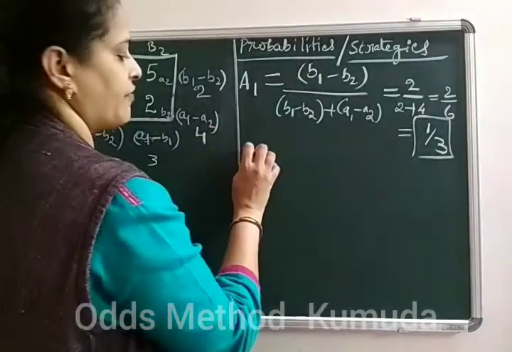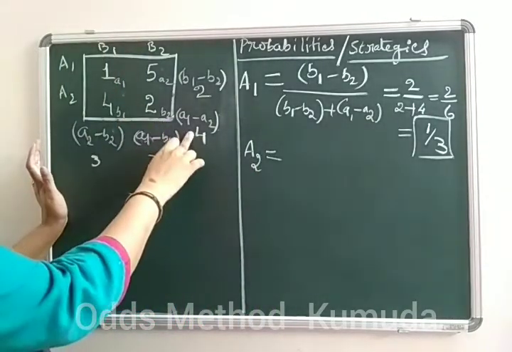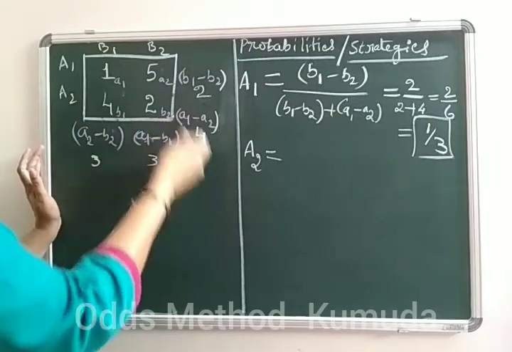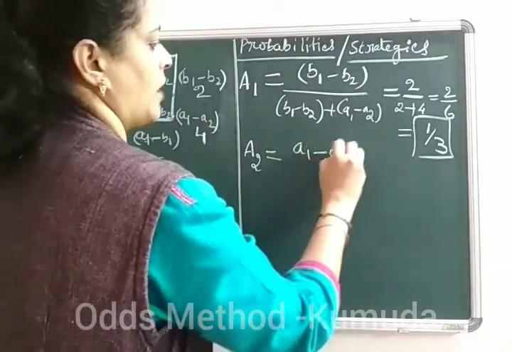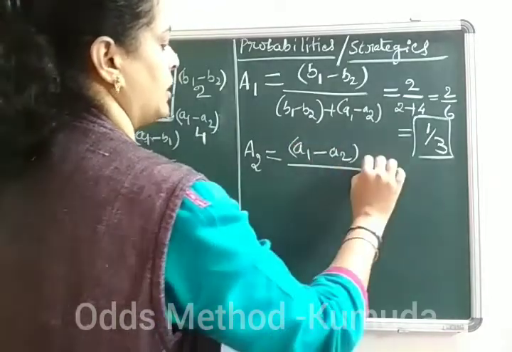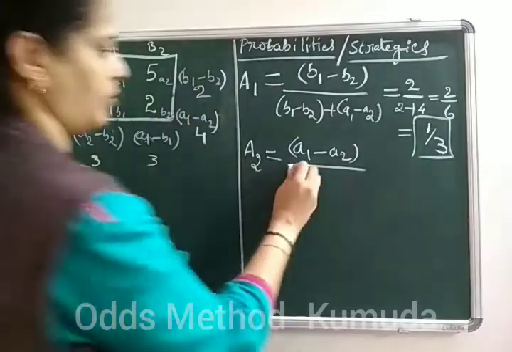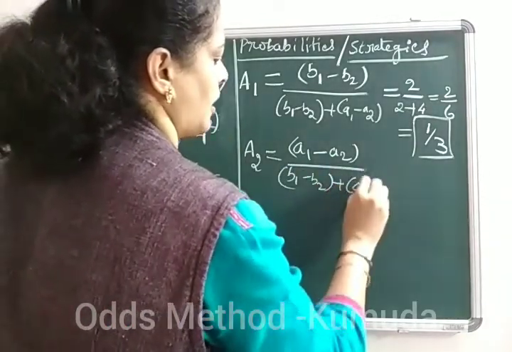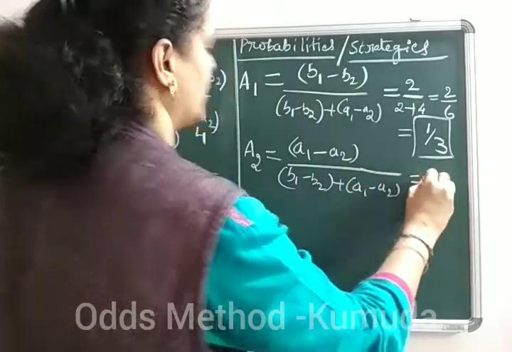Now similarly we find the strategy for A2. Now look at the respective number here. The difference here in A2 is A1 minus A2. So it is A1 minus A2 divided by the sum of the differences. So the formula would be A1 minus A2 divided by the sum of the differences, so it is B1 minus B2 plus A1 minus A2. In this case, it's very clearly given.